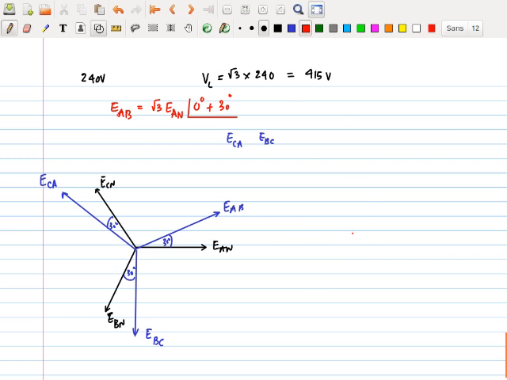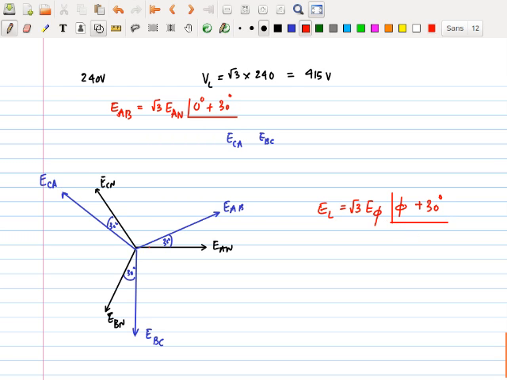Here's the statement I am going to write. E of L, which means line voltage, is always root 3 into the phase voltage, and any angle of the phase will be shifted by a plus 30 degrees.